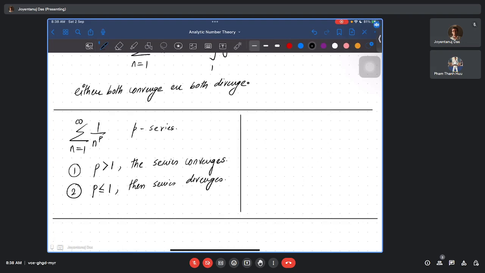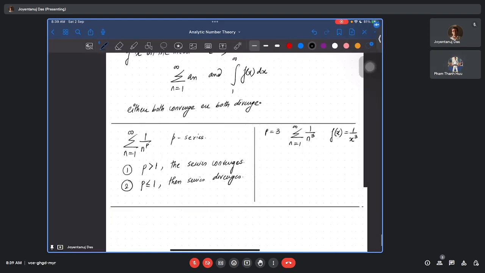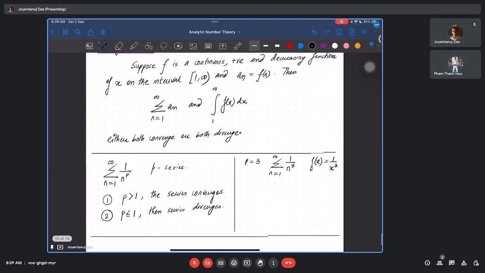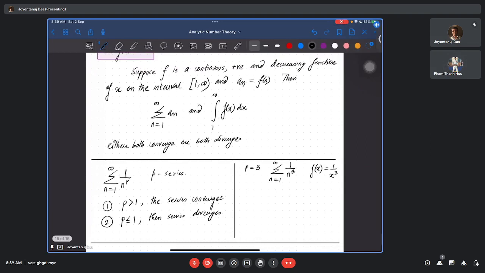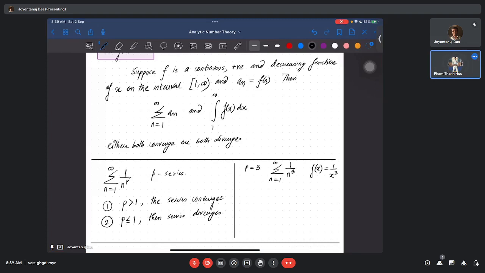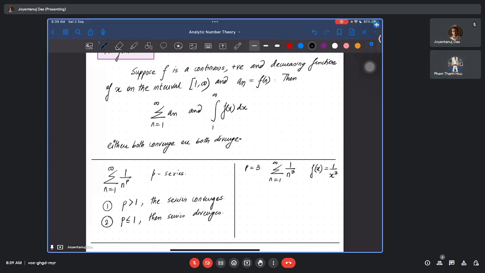Just for an example, if I take p equals 3, then our series is n equals 1 to infinity of 1 by n cube. The function I can take is 1 by x cube. If you see the statement of the theorem, this function satisfies all the conditions.